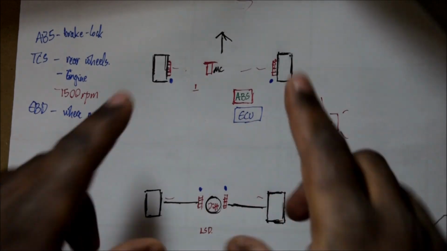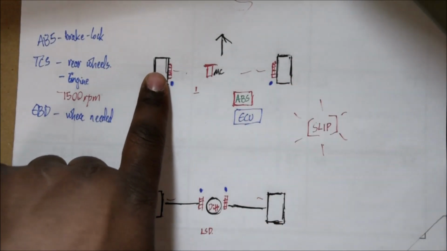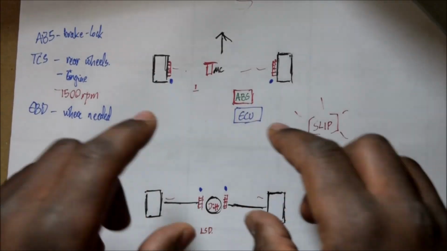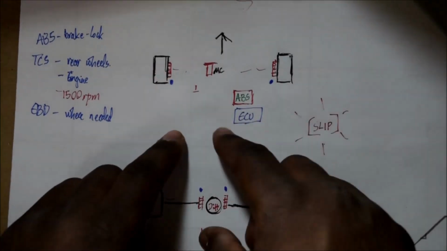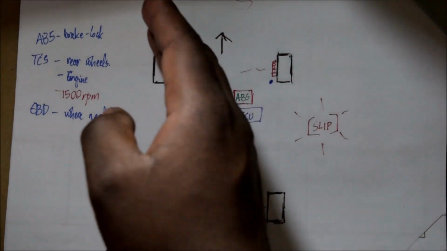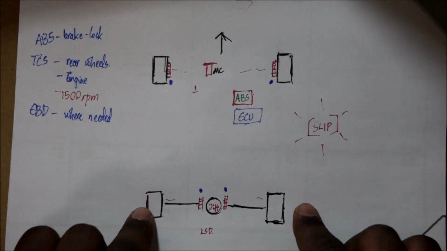So that's what EBD does, and EBD is used in modern cars for lane departure control and stuff like that. EBD basically sends braking where it's needed. So if it needs to brake this wheel to bring the car back into the lane, that's what it does, right? And that's a story for another day.